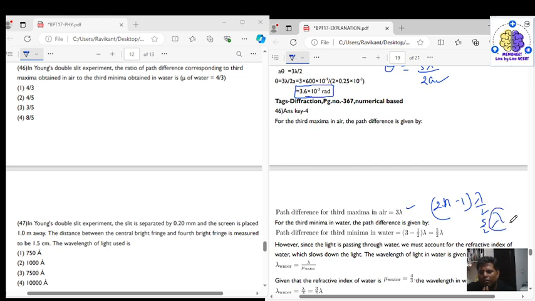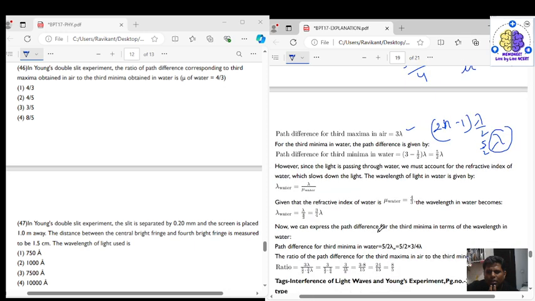Here the value of lambda will not be placed as lambda, it will be placed as lambda upon mu, which will be equal to 3 lambda by 4, right? So from here we get the position of the third minima in water equal to 5 by 2 into 3 by 4 lambda.